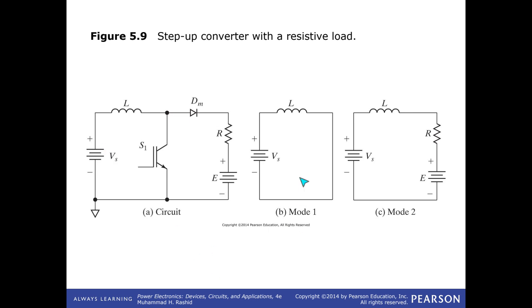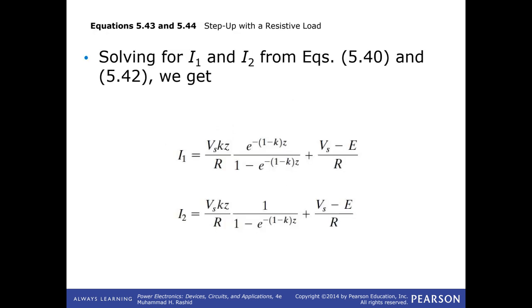Mode 1 is when the switch is on. In Mode 2 you send the current to the supply. Of course, now you are capable of sending the current and producing a voltage which is higher.